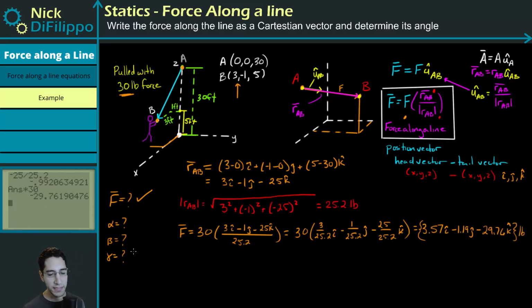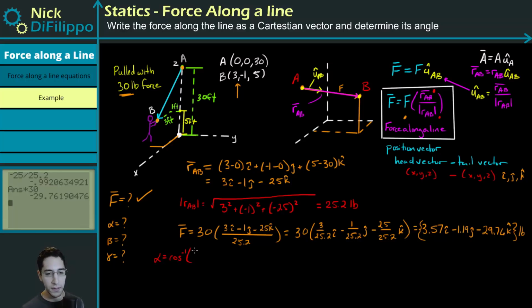So this is that. Now finally, I want to find my alpha, my beta, and my gamma angles. If you remember, these are directional cosine angles. So those directional cosines are going to figure out where this force is in space. So if we look at the original equation for alpha, we have alpha is the inverse cosine of the x component of this force over the magnitude.